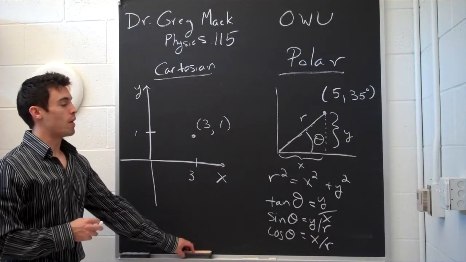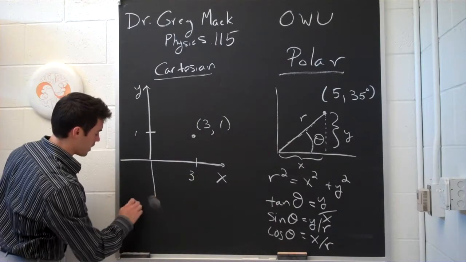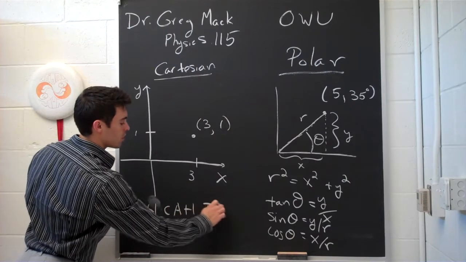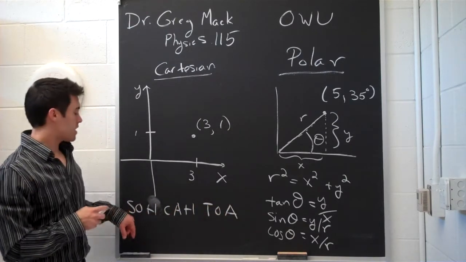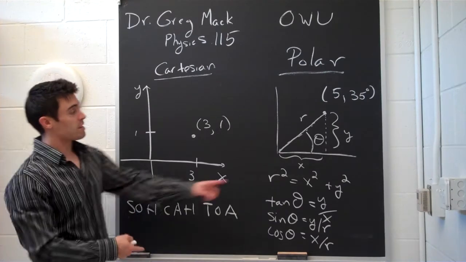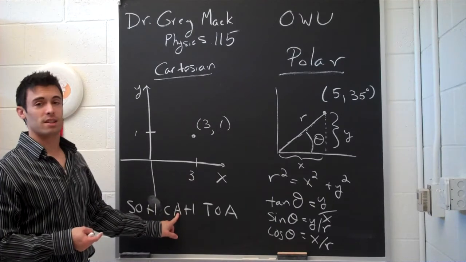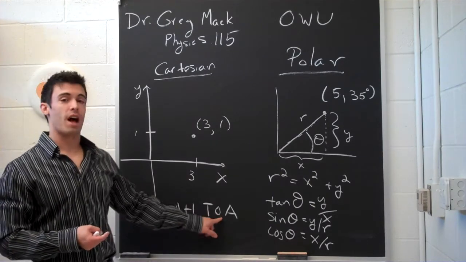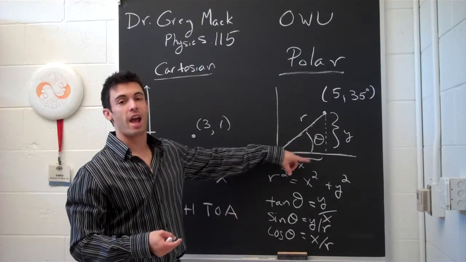In case you have trouble remembering which these are, you can always go back to the mnemonic SOHCAHTOA, which is very handy. This says that sine is the opposite side over the hypotenuse, cosine is the adjacent side over the hypotenuse, and the tangent is the opposite side over the adjacent side, where we're talking about from the perspective of the angle.